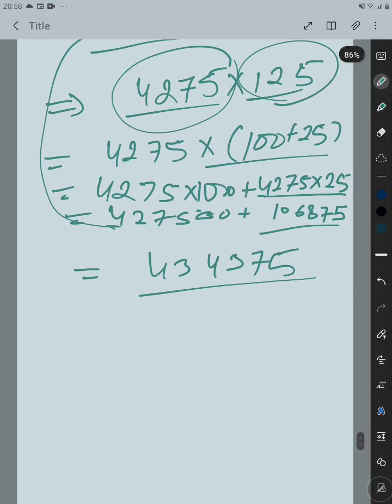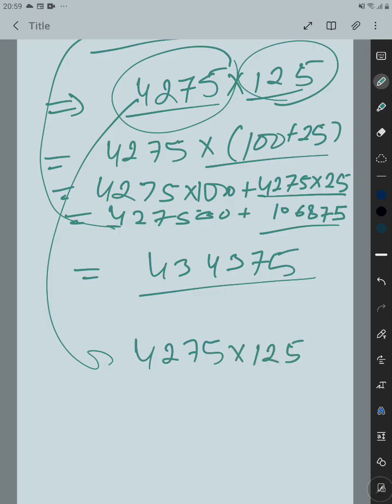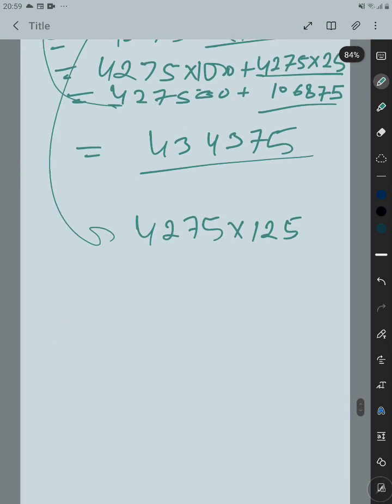There could be another way that was quite easier, but this number is troubling us, because it is not divisible by, this is not an even number. So let me tell you the idea only. It may not be possible to solve this, but it can be a lot easier if it had been an even number. This 125 can be written as 1000 divided by 8.